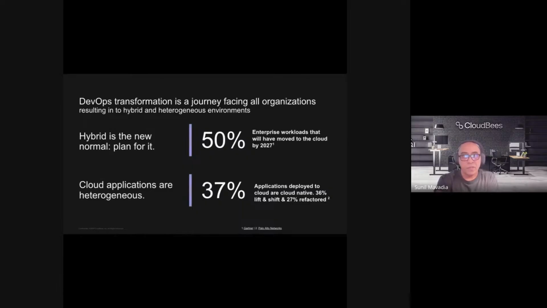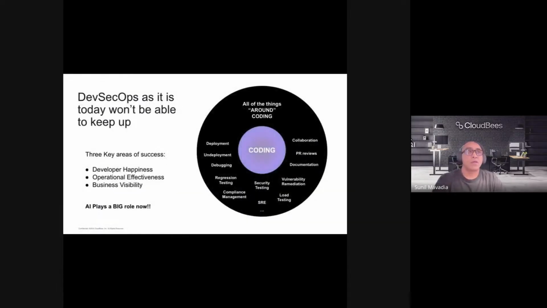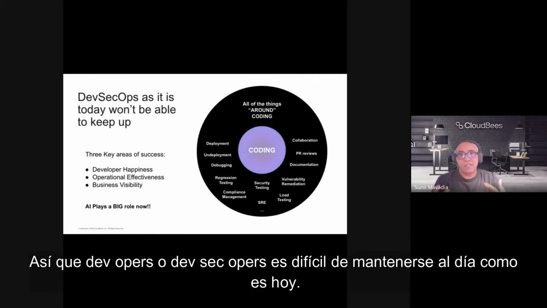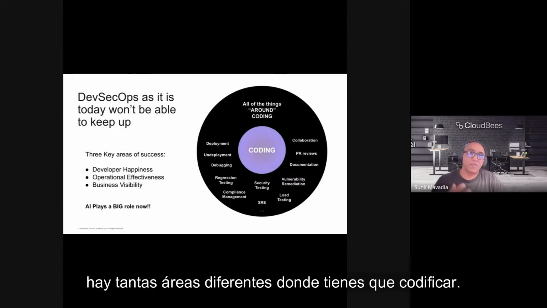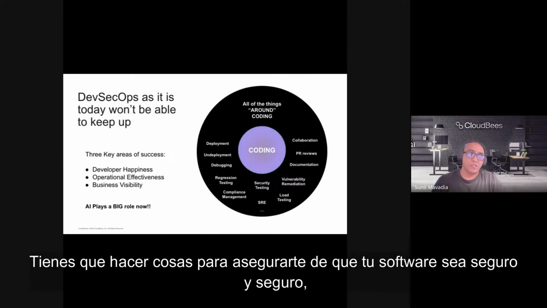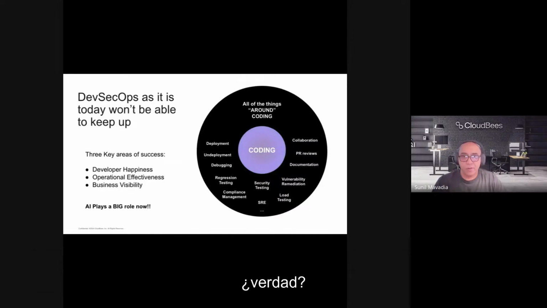So DevOps or DevSecOps as it is today, it's difficult to keep up. Why? Because there's so many tools, there's so many different areas where you have to code, you have to do things to make sure that your software is safe and it's secure, right?